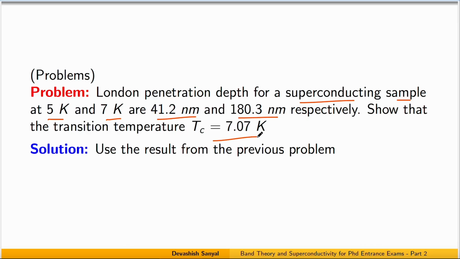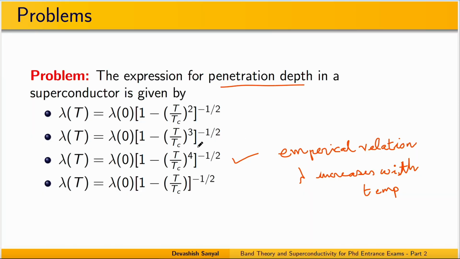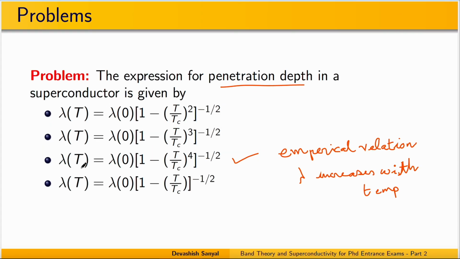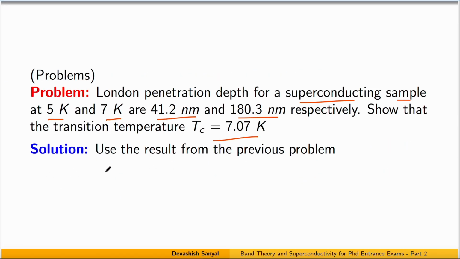This is simple, you just have to use this formula. Lambda at two temperatures are given, 5 and 7. So here's the result from the previous problem. You find out lambda at 5 degrees Kelvin from the expression, and lambda at 7 degrees Kelvin from the previous expression.